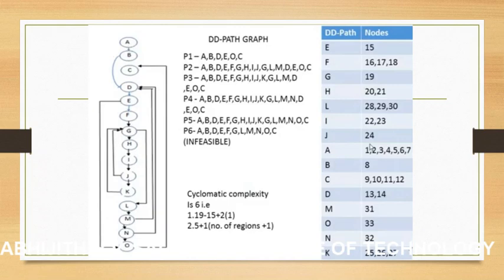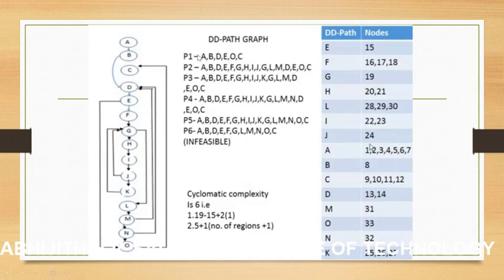The formula is the number of edges minus number of nodes plus 2 times P. As it is a single path, P is 1. So the number of edges in this graph is 19, and the number of nodes is 15. So you'll get 19 minus 15 plus 2 times 1. So it is 6. So we have 6 independent paths from this.